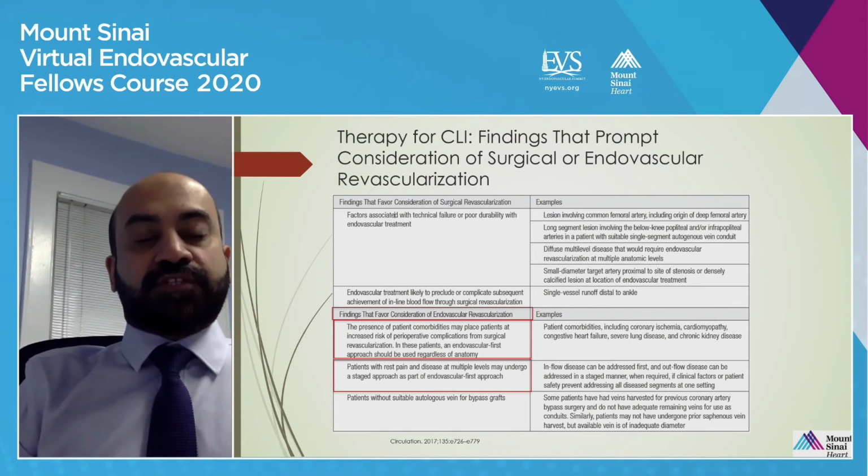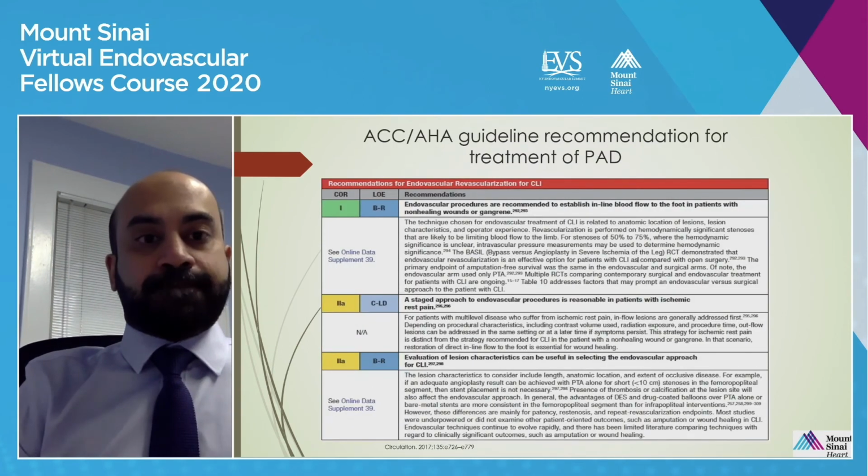Factors that favor endovascular intervention over surgical intervention include patient comorbidities such as congestive heart failure, coronary artery disease, COPD, CKD, age, and obesity. The ACC-AHA guidelines in 2017 gave a class 1 recommendation for endovascular intervention in patients with critical limb ischemia with non-healing wounds to establish inline flow down to the foot.